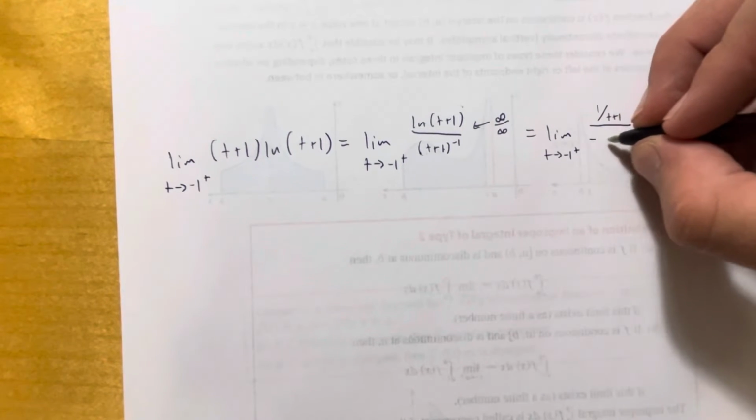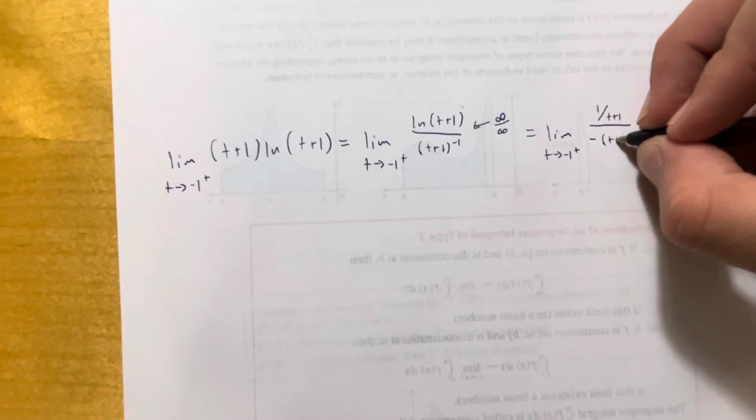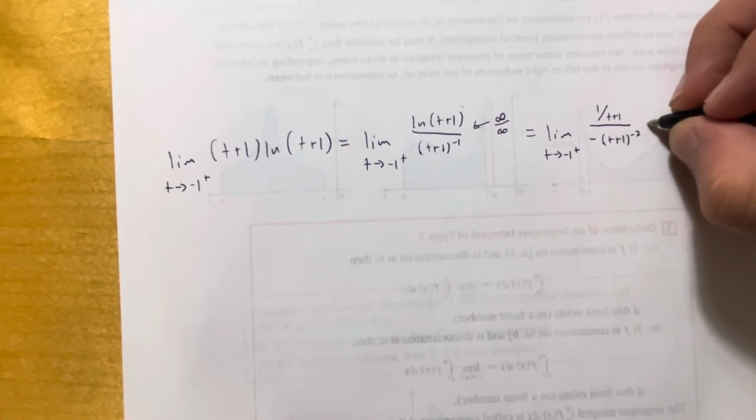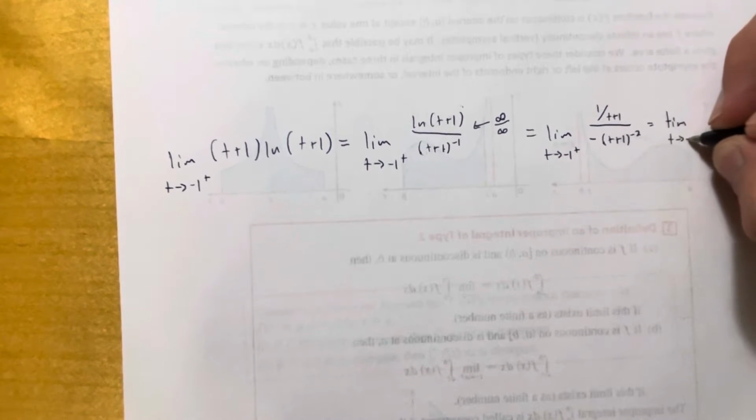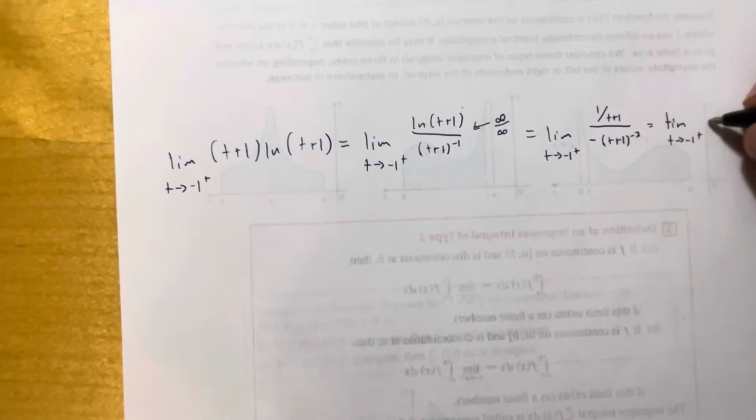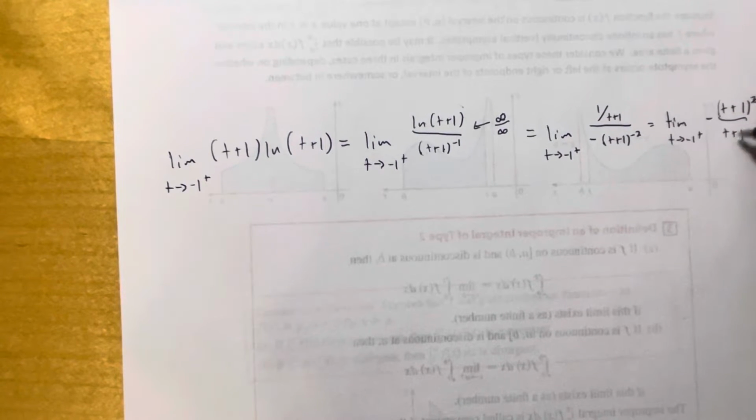This is going to become negative t plus 1 to the -2 power, which is the same thing as the limit as t approaches -1 from the positive side of negative t plus 1 squared over t plus 1. This will cancel with one of these. And as t approaches -1 here, this numerator is going to be going towards 0. So this limit becomes 0.